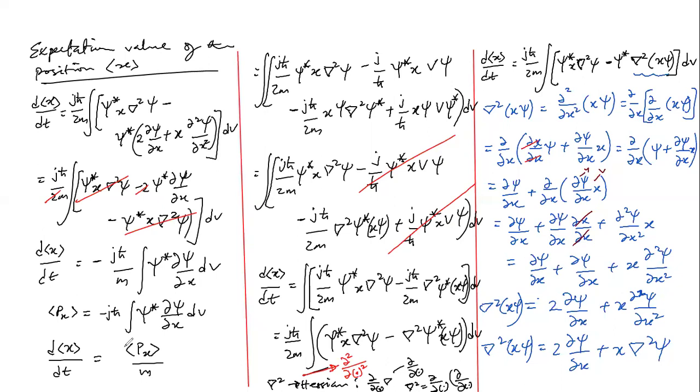And this is what Ehrenfest said, just like if you recall what we stated earlier. This is in quantum mechanics, while in classical Newtonian mechanics, we saw that dr/dt is the same as p over m.